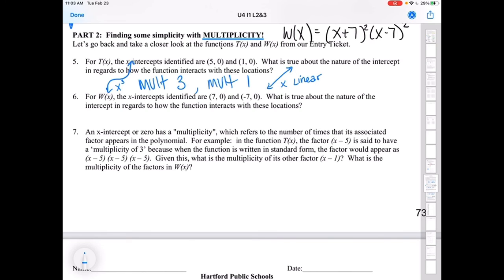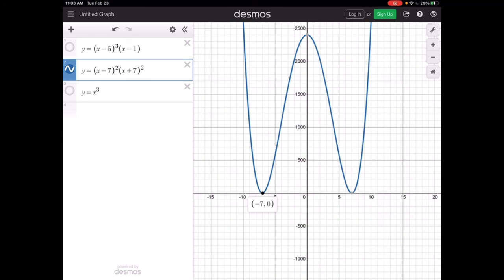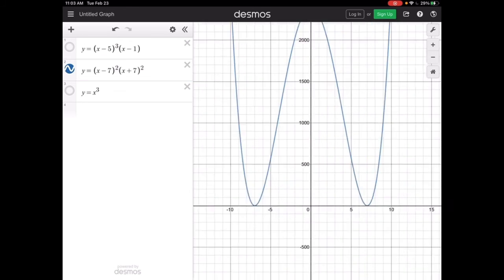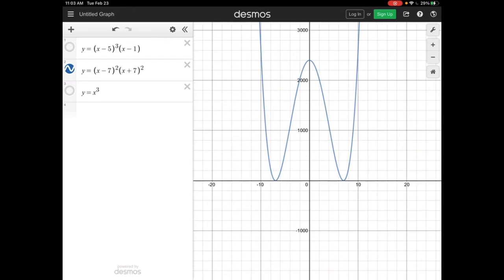And if we look at the graph of w of x, which is this one, x minus 7 squared times x plus 7 squared, we're going to be looking at this blue function. And as you can see, we have -7 and 7 as our roots, and both of these are multiplicity 2, so it actually makes sense that if we zoom in on both roots, we're going to see two parabolas that connect.